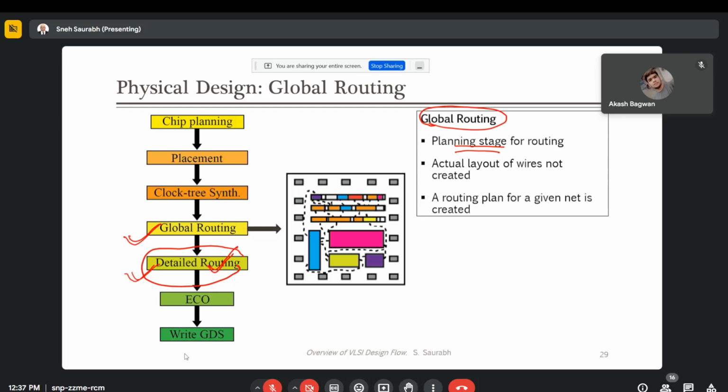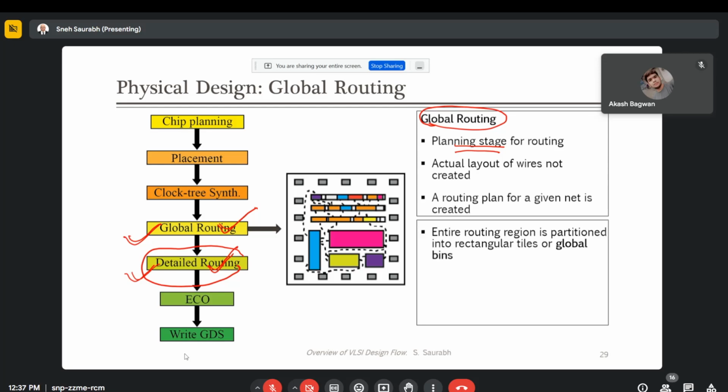If there are some problems in our design, they will be flagged during the global routing phase, and we can fix those problems and then move to detailed routing. So the number of iterations to find valid routes will decrease, and the design time, or time to market, will be less. That is why we break it into two phases of global routing and detailed routing.